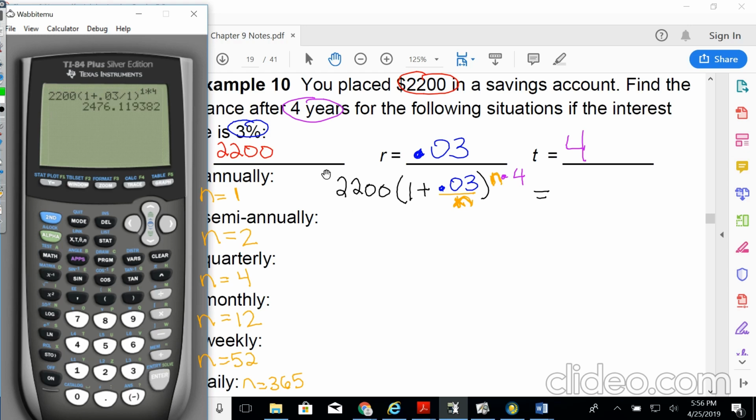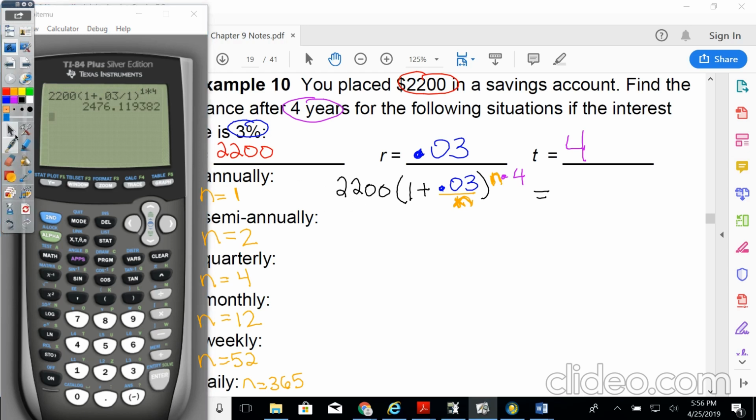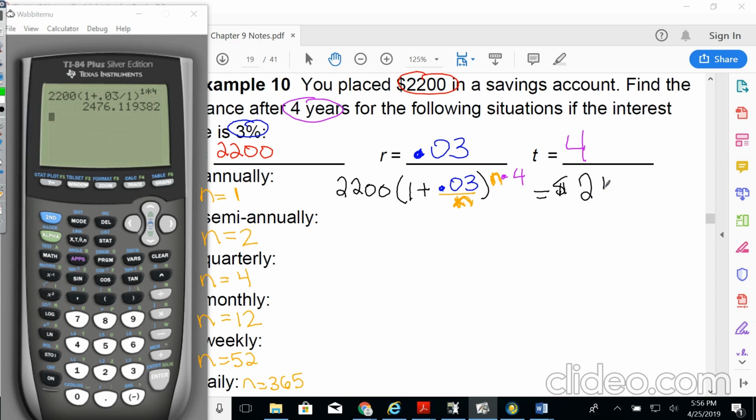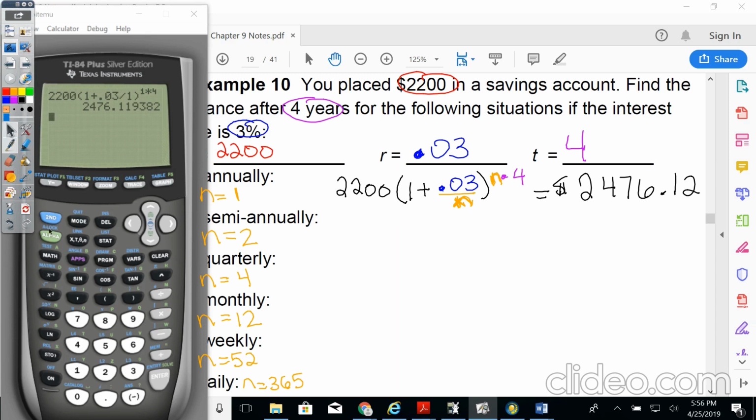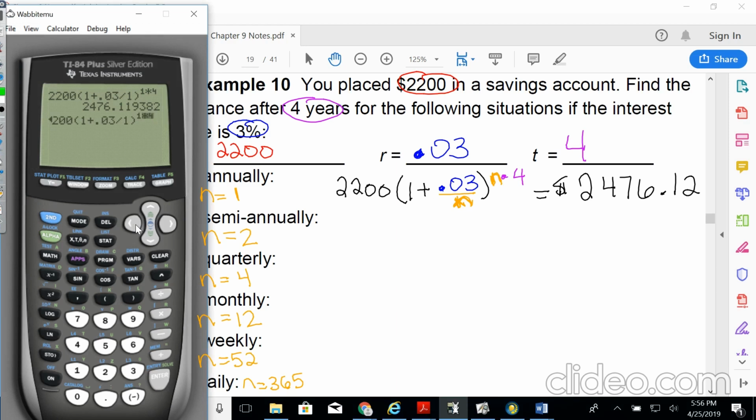So for N equal to 1, we get $2,476.12. 11.9 rounds to 12. Here, if you do second enter, it'll copy everything. All you've got to do is change the N in the exponent and the N in the denominator. So this one will change to 2, and this one will change to 2.